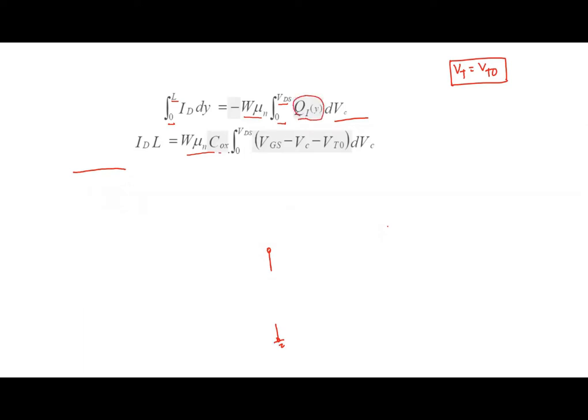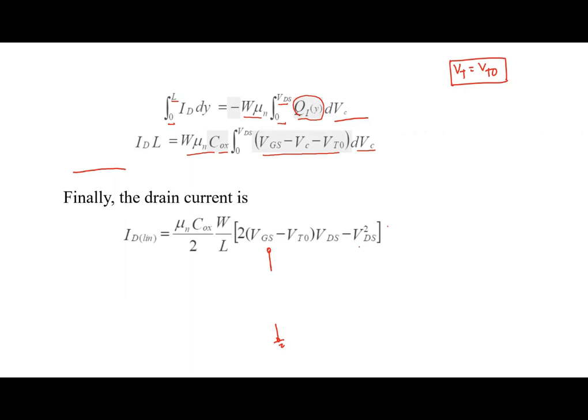You substitute the value of this dVc, and when you solve it, your drain current has this particular expression, and this expression is actually for the device to be used in linear region of operation.